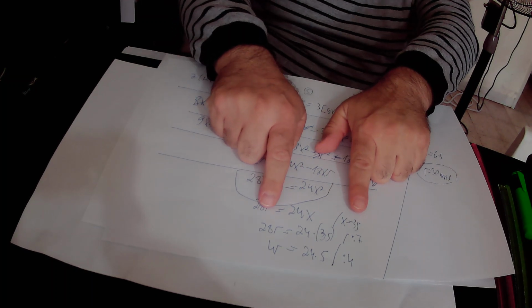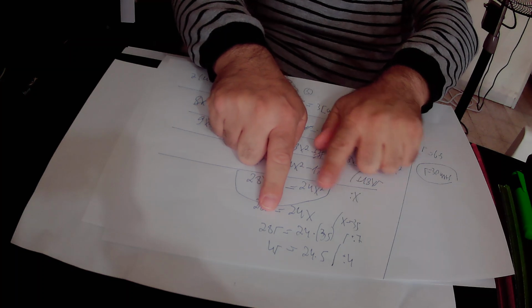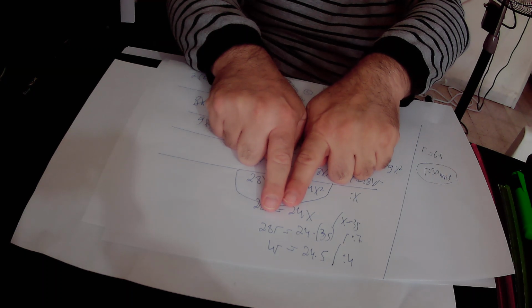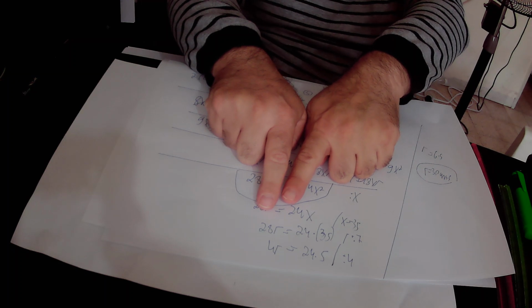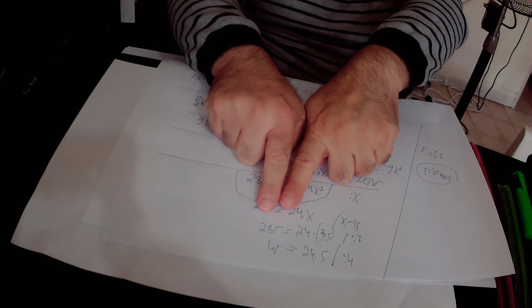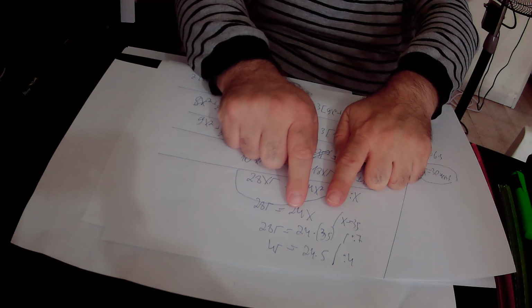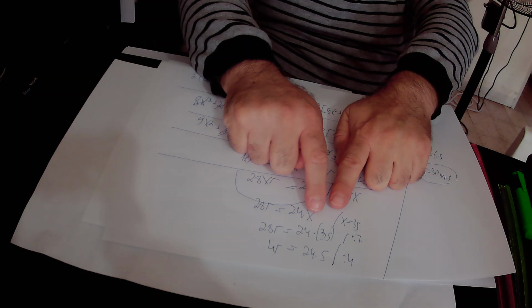Here we divided this equation by 7. 28 over 7 is 4. So in total, on this side of the equation, we have 4r. And on the other side of the equation, we have 24 times 35 over 7, which is 5.